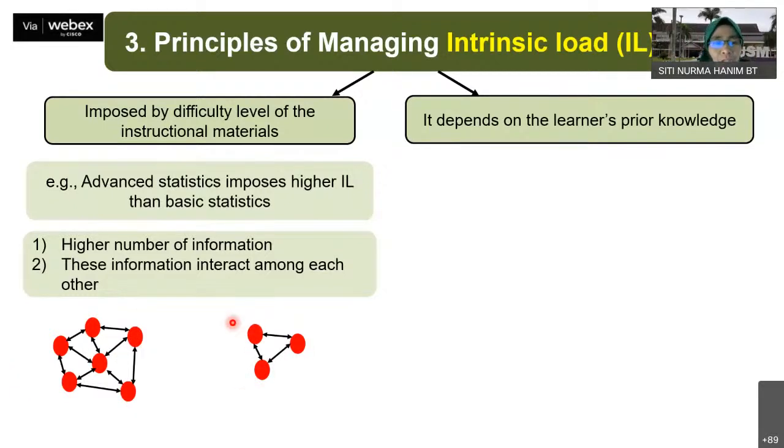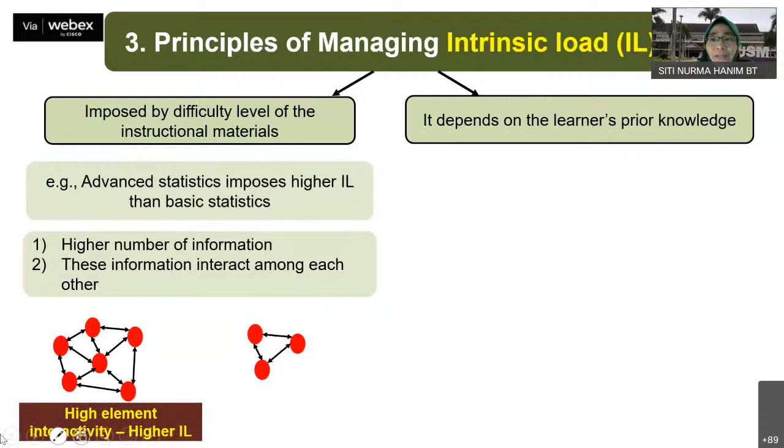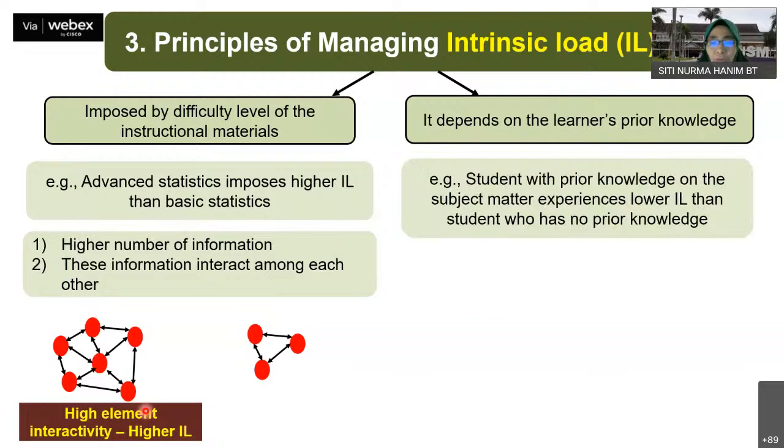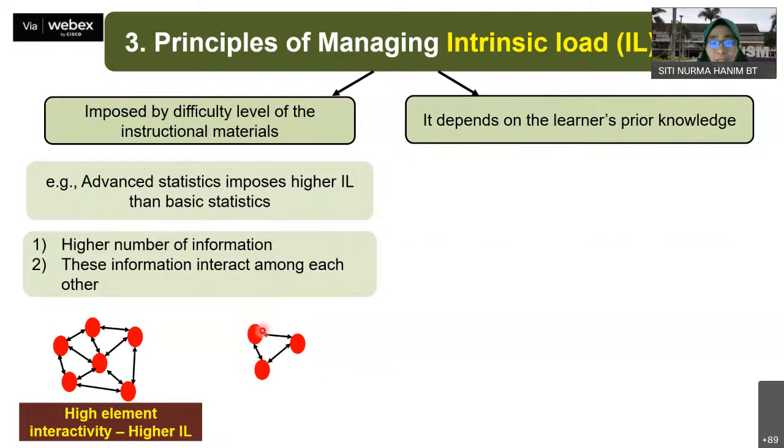So you can see there is a larger number of information with more interaction compared to this one, which has less. This is what we call high element interactivity, because there are a higher number of information and they interact together. So this one imposes higher intrinsic load compared to this one, which has low number and low interaction.